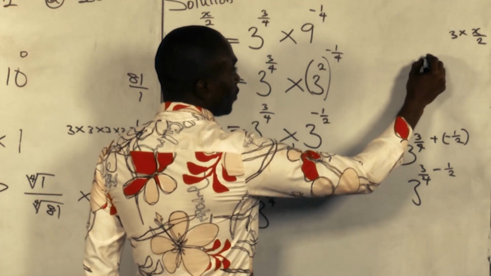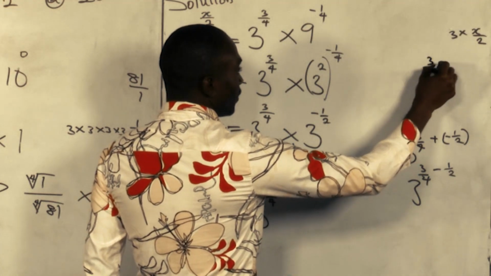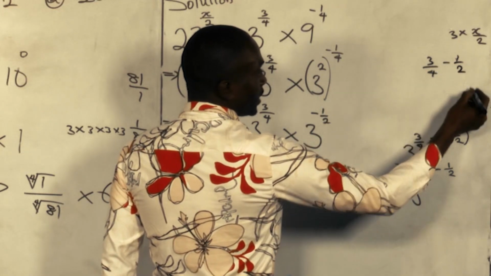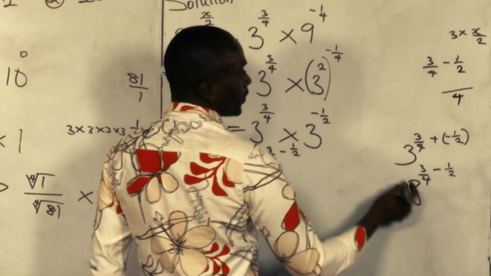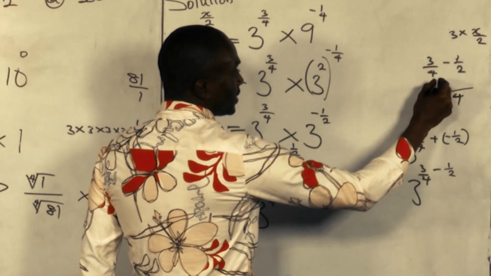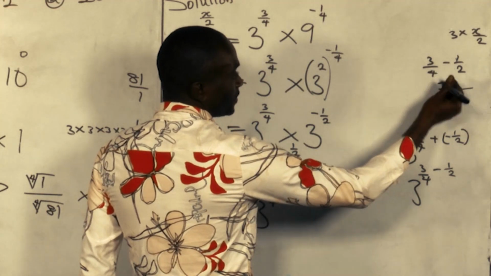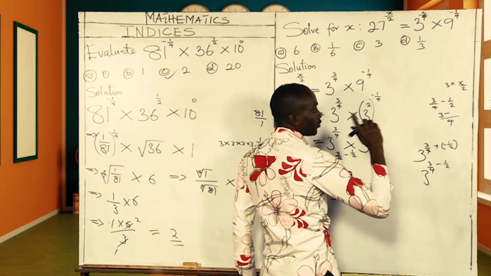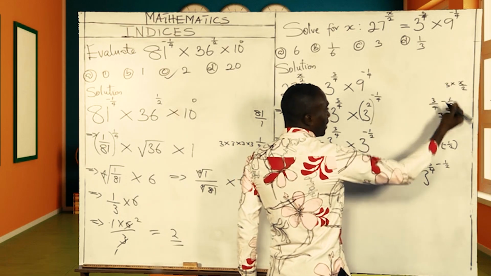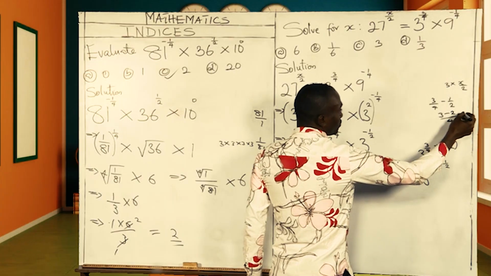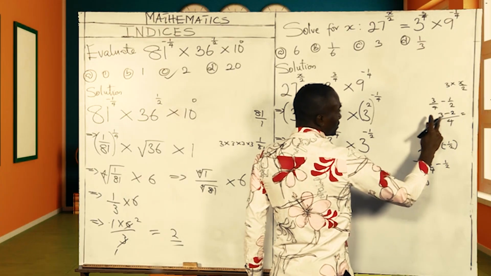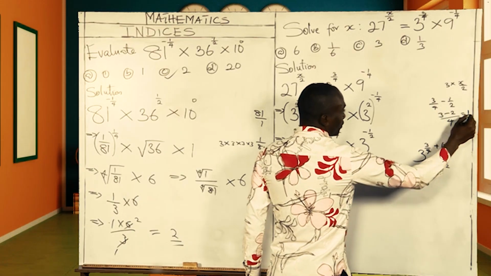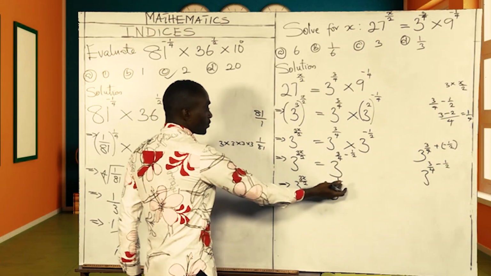We have 3 over 4 minus 1 over 2. The LCM is 4. 4 in 4, 1. 1 multiplied by 3 is 3. This is the negative operation. 2 in 4, 2. 2 multiplied by 1 is 2. And this will give us 3 minus 2, which is 1. We have 1 over 4, which is what we have here.